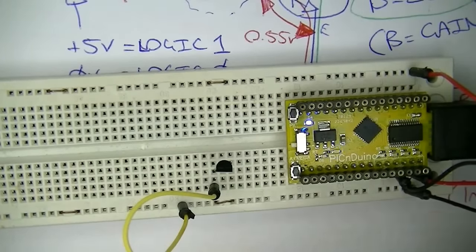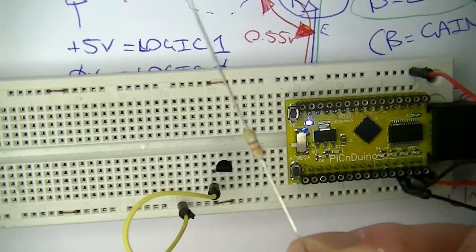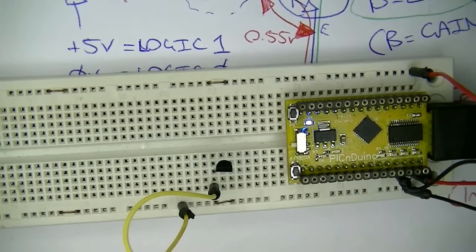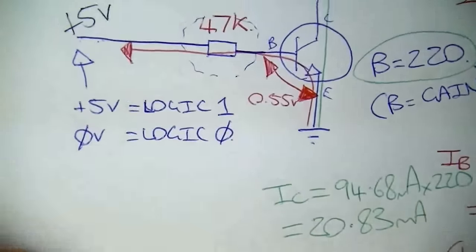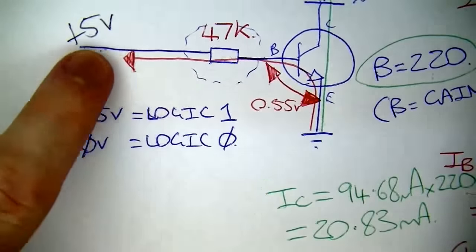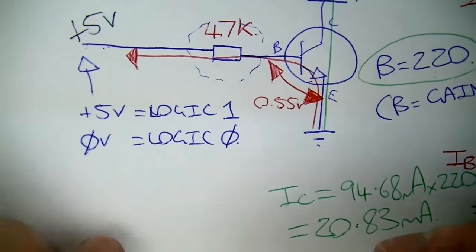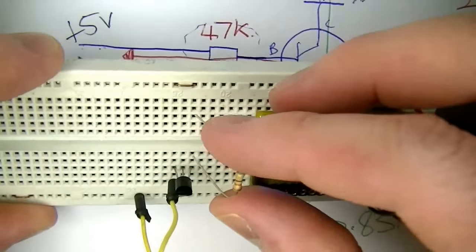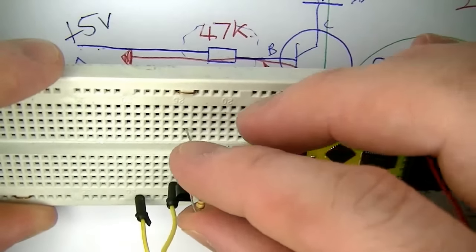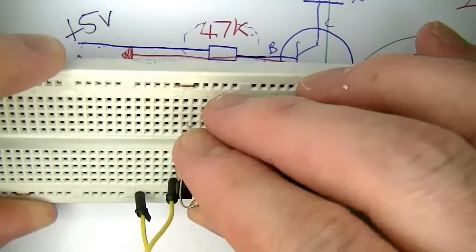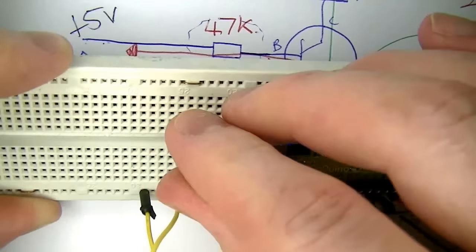Second thing I'll do is I'll get my 47K resistor, and this is going to go from the base to plus 5 volts. In this case, I'm going to connect it to the base. So remember my base was in the middle. Oops, I just bent it. There we go.